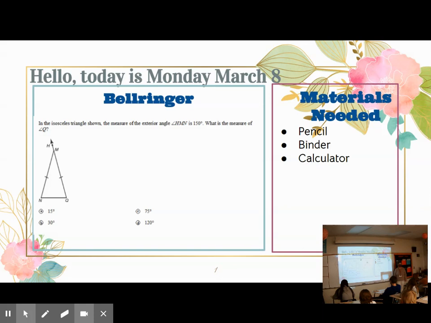No. Why not? It's not included with both legs. Which one's not included? This one, is this one included? Yeah, this one's included between the legs, but is this angle included between the legs? No. So I could not use side, angle, side on this one. That would be nothing. This would be not enough information.